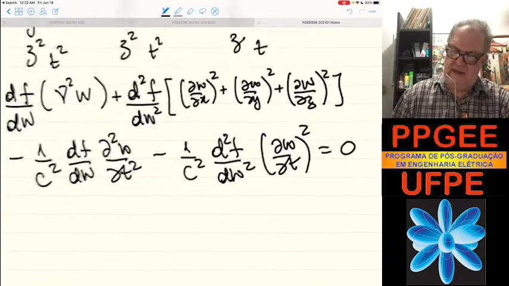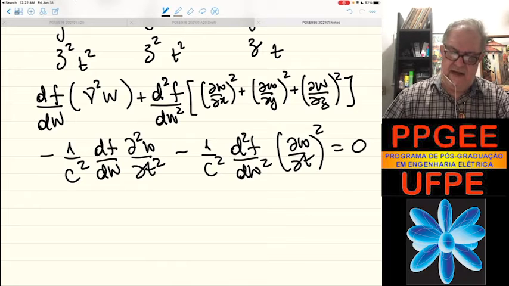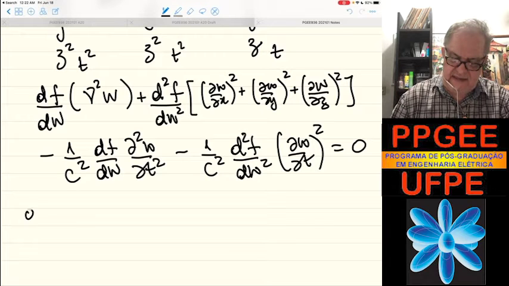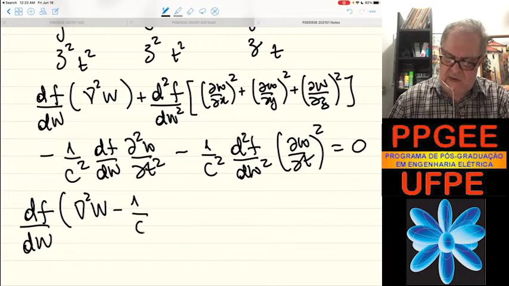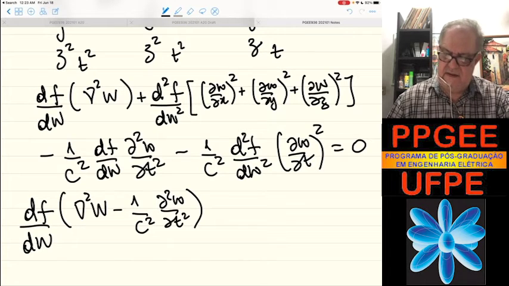Let's put this together. So these two are together and these two are together. So we have something like this. A coefficient of df/dw has Laplacian of w minus 1 over c squared d2w/dt squared, right?